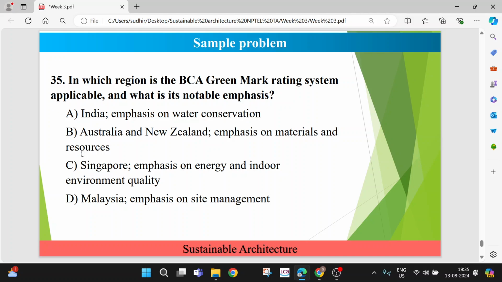In which region is the BCA Green Mark rating system applicable? Australia, New Zealand? This is based on the map that was shown to you, to see which area follows which rating system. Try to answer question number 35.